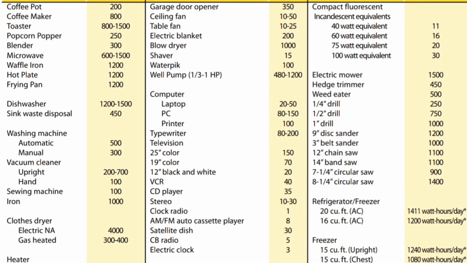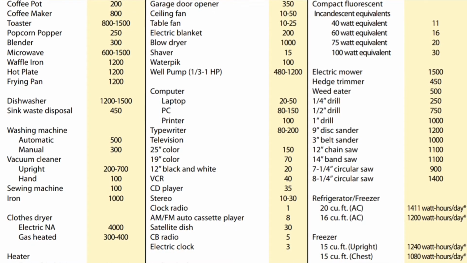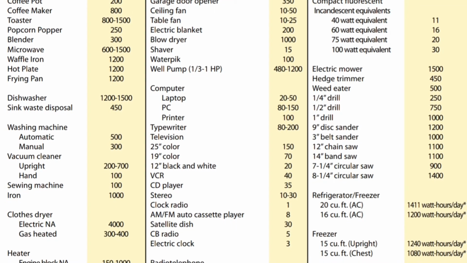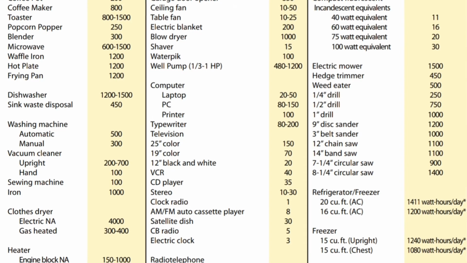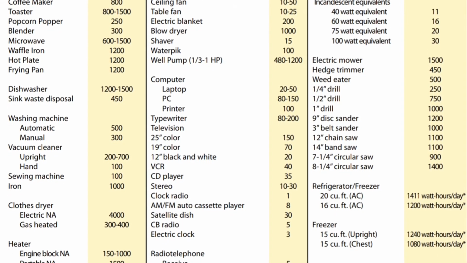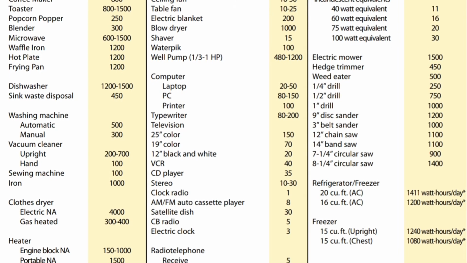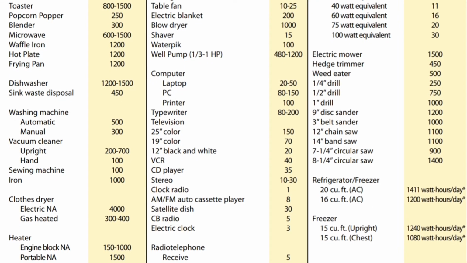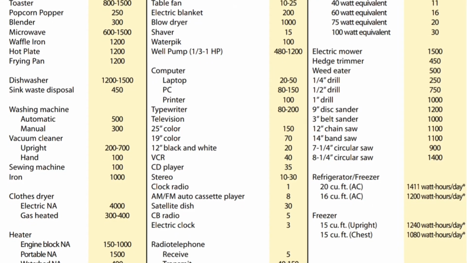Before calculating the wattage of this home, let us see some electrical appliances and their approximate wattage. A coffee pot uses 200 watt, a coffee maker uses 800 watt, and a microwave uses 600 to 1500 watt.